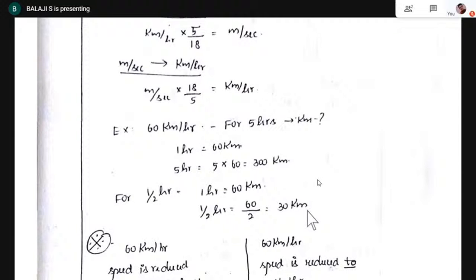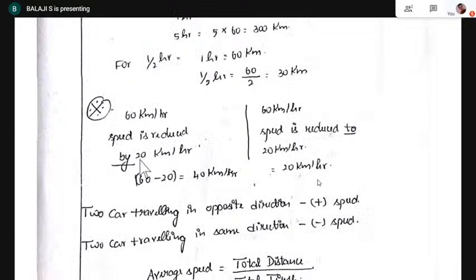And this is very, very important. If you are making notes, please put an important sign here, as many people will make mistakes in this place. The question may be very simple, but if you make a mistake here, the entire sum will collapse. See here, 60 kilometer per hour. Suppose a car is traveling at 60 kilometer per hour, and the speed is reduced by 20 kilometer per hour.